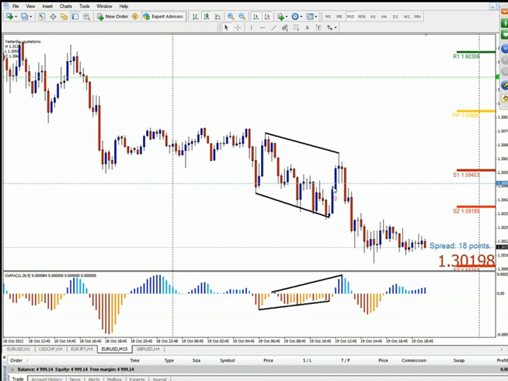Or lock in a pip, hoping that the easy to see bullish divergence is going to work out and it's going to go up, okay? Or if you want to avoid this fatal flaw, but it's going to stop you from getting into lots and lots of trades, and that is, instead of trading the easy to see bullish divergence or easy to see bearish divergence or double top and double bottom divergence, you wouldn't trade that at all, okay?